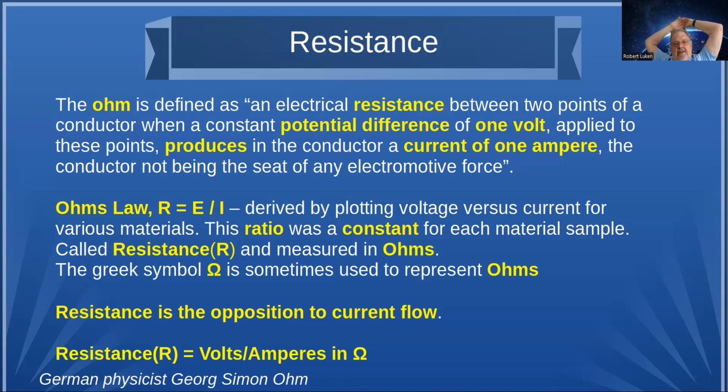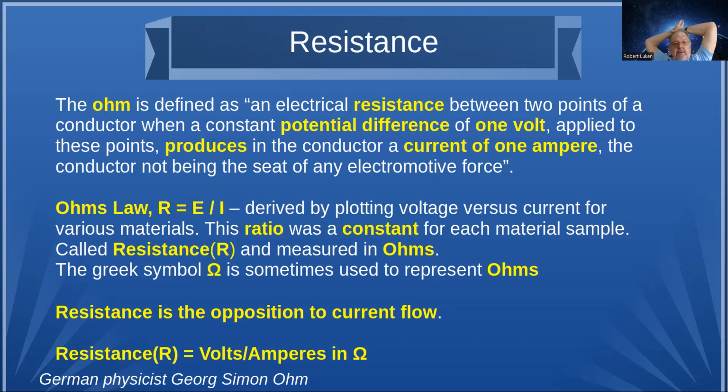And the actual definition, they defined an ohm as a unit of resistance, as the electrical resistance between 2 points of a conductor when a constant potential difference of 1 volt applied to those points produces in the conductor a current of 1 ampere.